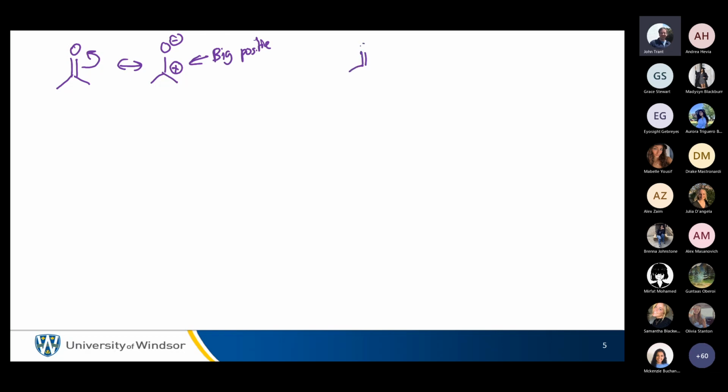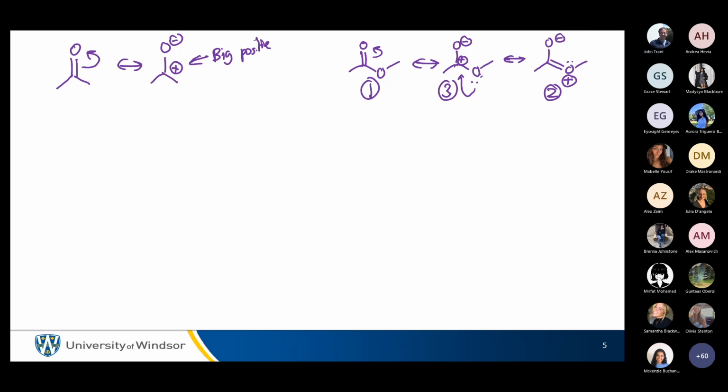Whereas with an ester, and of course, if you're ranking resonance structures, you rank them that way. Hopefully. Why did I rank 2 above 3?